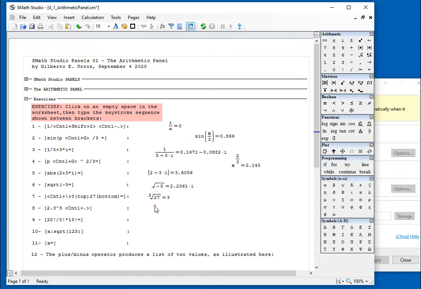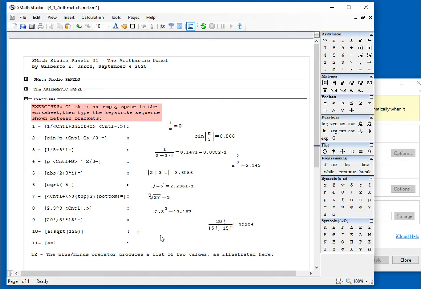And the next one, we have 2.3 raised to the cube, 12.167. Then we have 20, and we use the exclamation mark, which represents the factorial of 20, divided by 5 factorial, multiplied by 15 factorial equals, and it gives you that result.